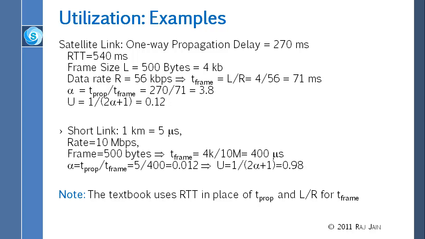So if you have a long link or a very high speed link, the efficiency is low. To improve the efficiency on either the long link or the very high speed link, in either case you should use big packets. So either because you are going to satellites or because you are going to very high speed links like 10 gigabit Ethernet, you should use big packets.